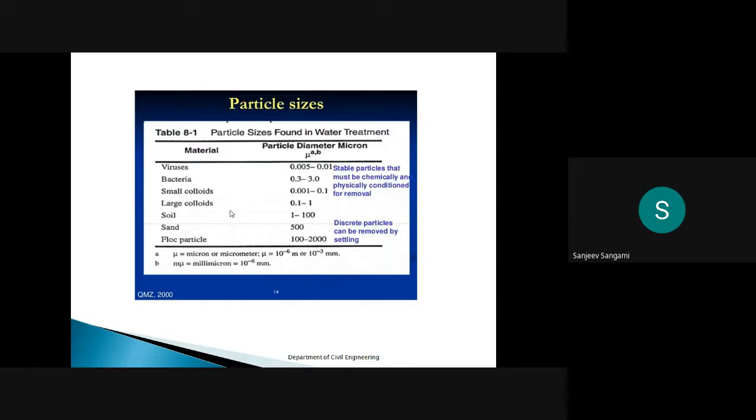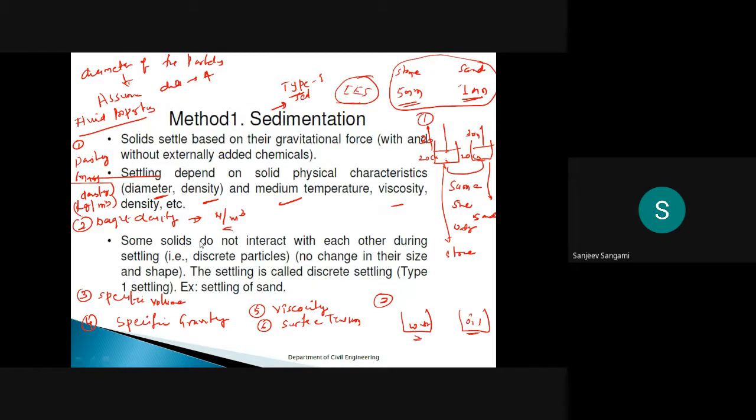But when it comes to the dependency of particle settlement, it is related to the diameter, density, medium temperature, viscosity, etc. You should know the concept of all these properties whenever we are discussing the sedimentation process.